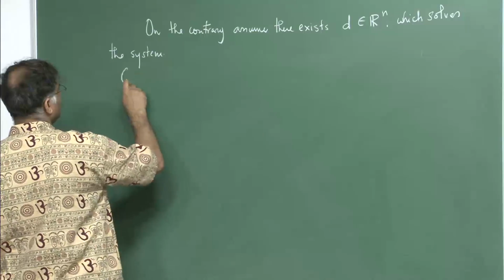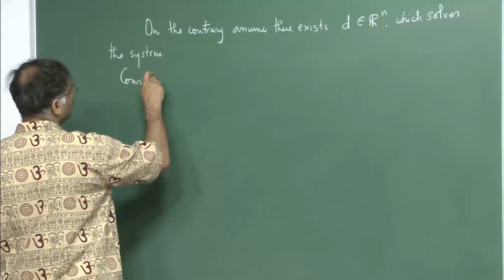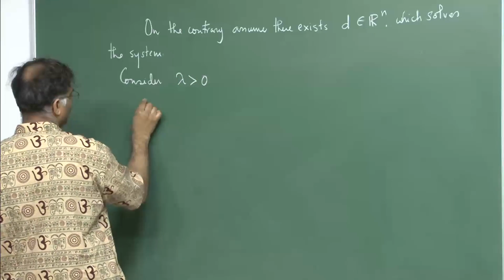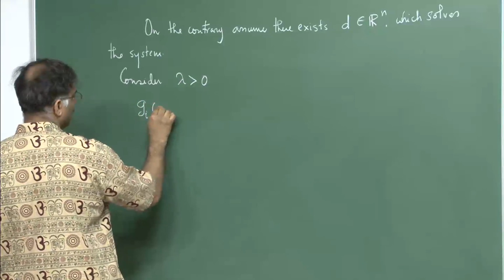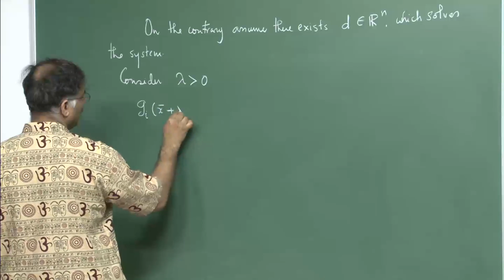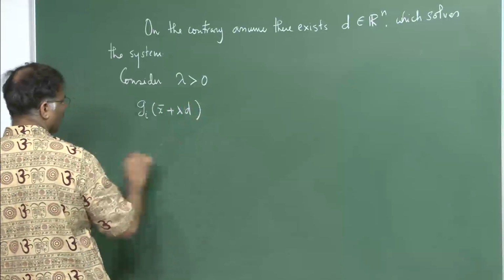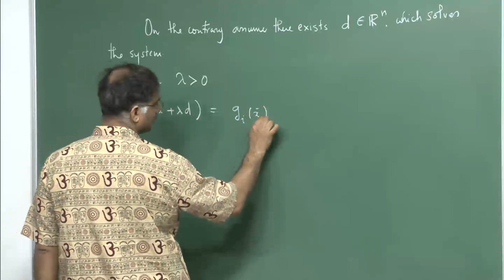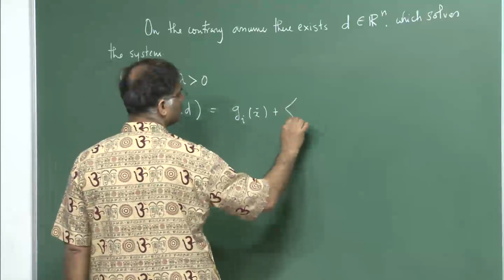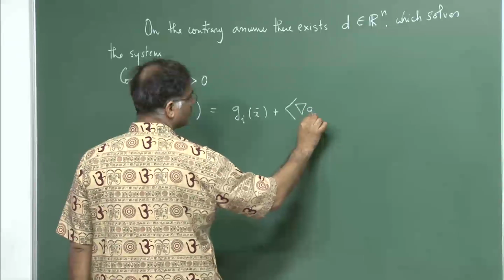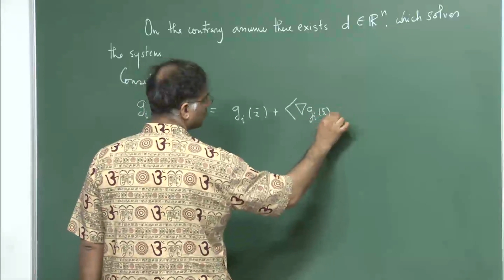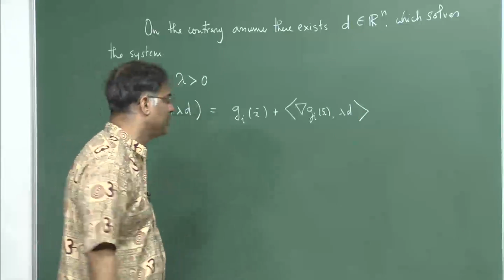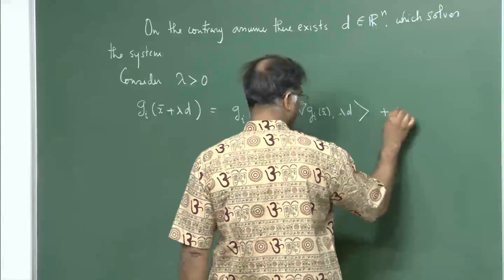Now, consider lambda strictly greater than 0, then take Gi of x bar plus lambda d for any d, and write down the Taylor expansion. You are expanding a Taylor series around x bar, and then the error term.